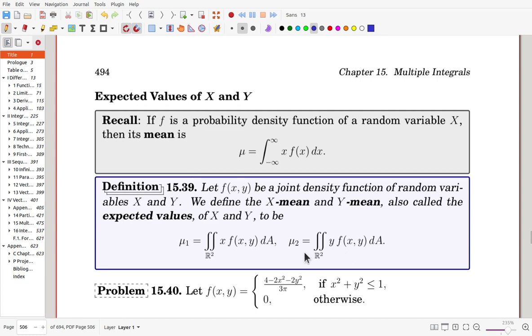So that's the definition. In a sense, mu1 is the average of x with the density function, and mu2 is the average of y with the density function.